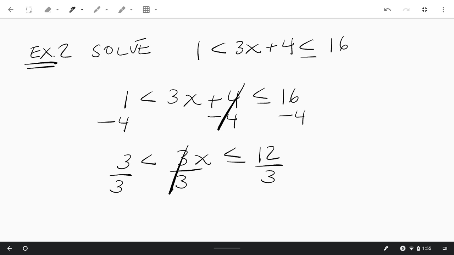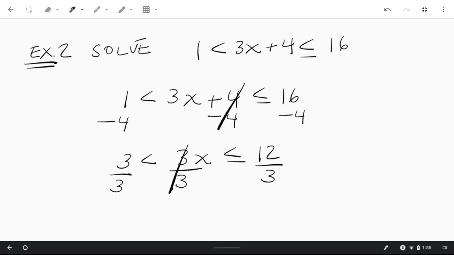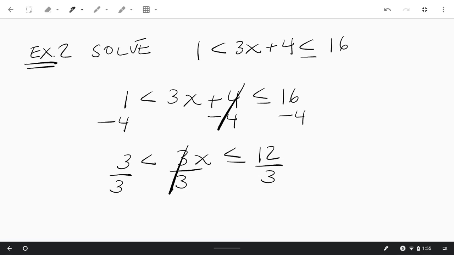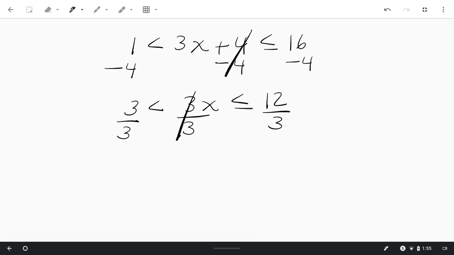Here we end up getting 1 less than x less than or equal to 4.